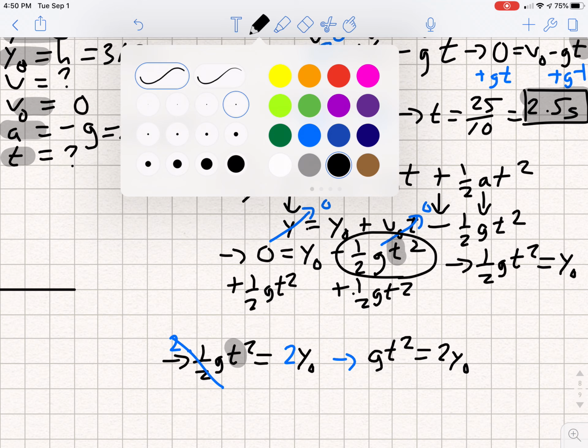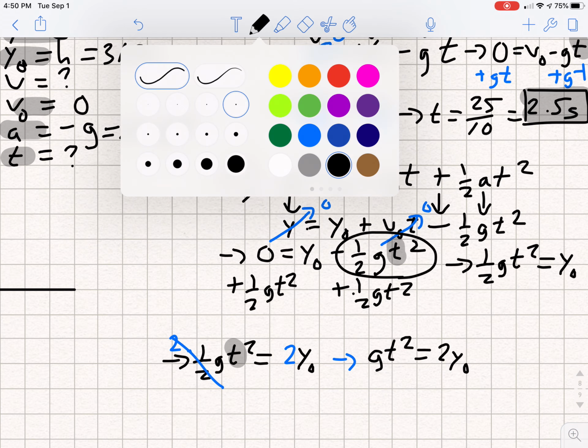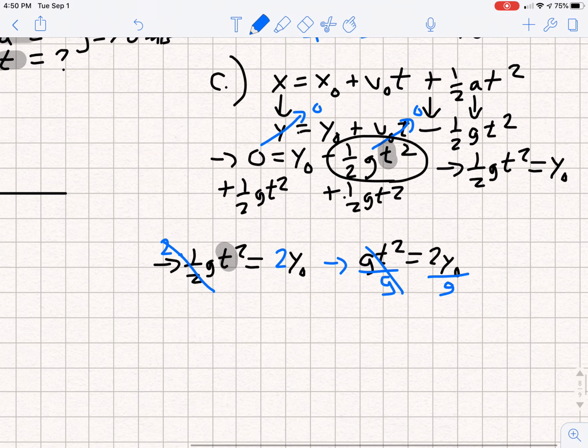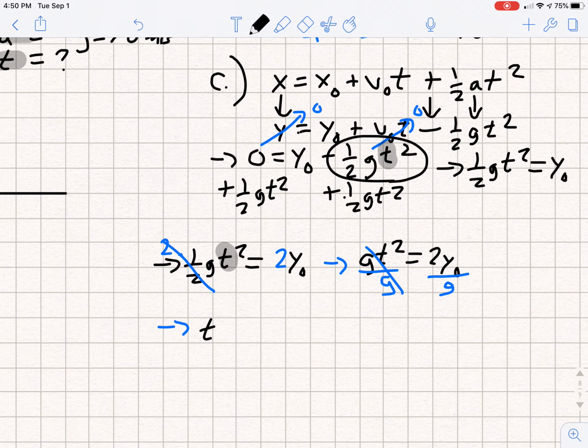To get t by itself, I have to get rid of g and the square, so the next step, I'll go ahead and divide out the g on both sides. Rewriting this, I get t squared equals 2 y naught over g.